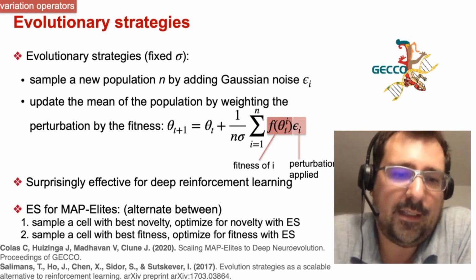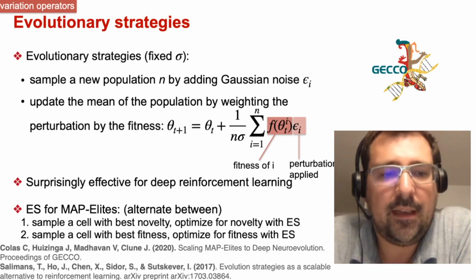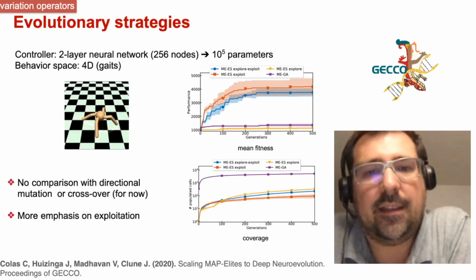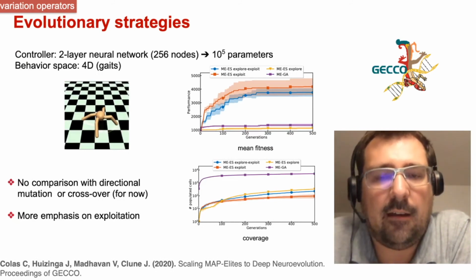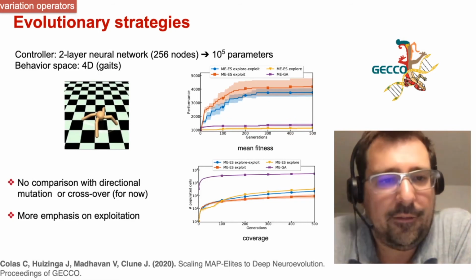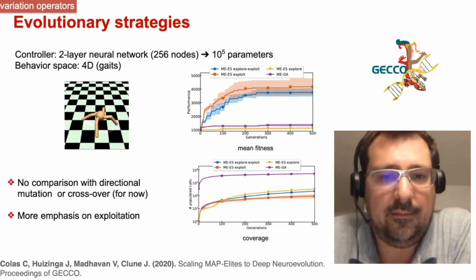Or they sample a cell with the best fitness, and they optimize for fitness with this evolutionary strategy. And they alternate between these two strategies, and they show that they can beat the basic map edits operator in that case. I don't think they have tried the crossover operators here, which probably could have helped.